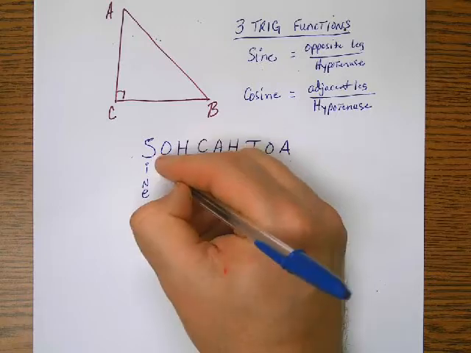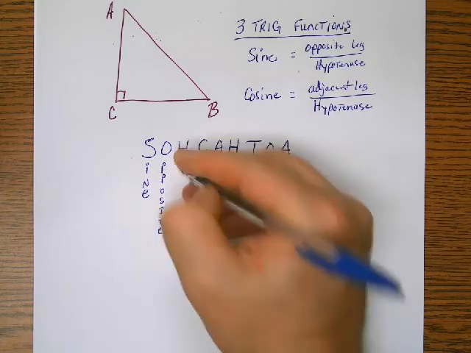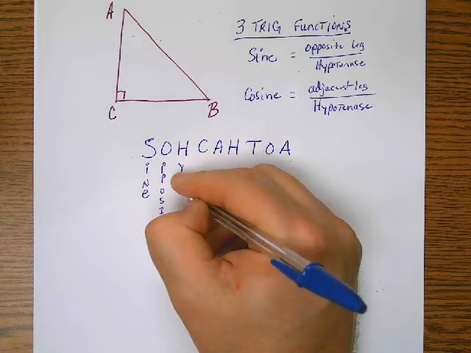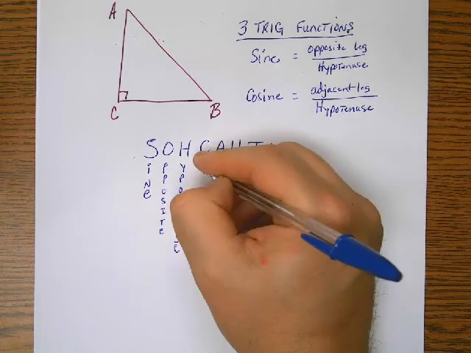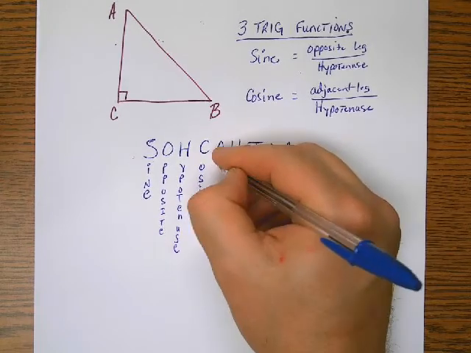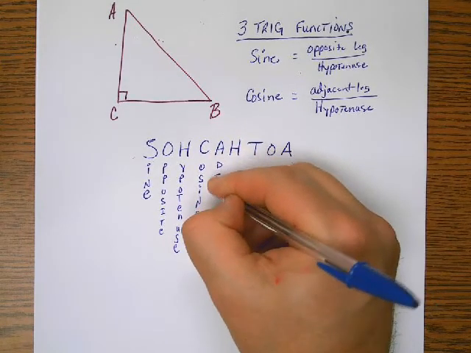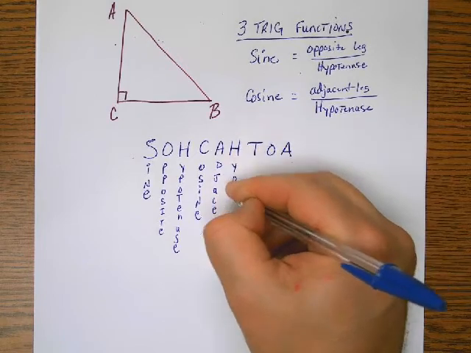Sine, opposite, hypotenuse. Cosine, adjacent, hypotenuse.